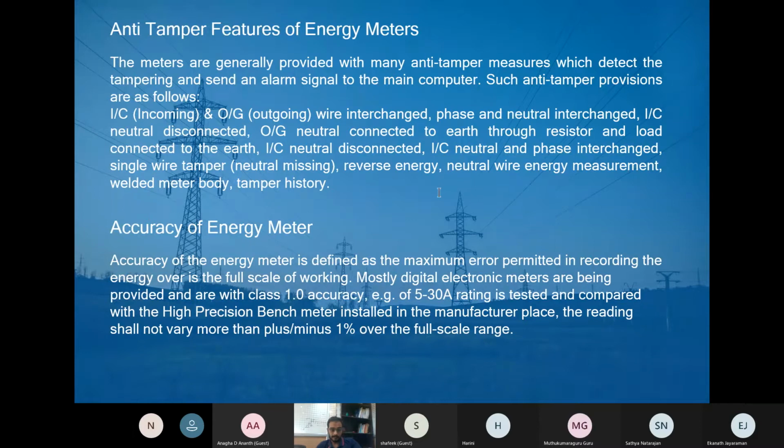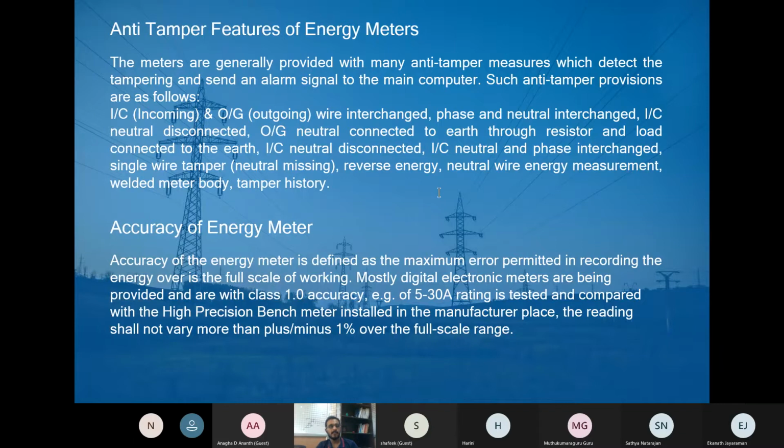Accuracy of energy meter. Accuracy of an energy meter is defined as the maximum error permitted in recording the energy over the full scale of working. Mostly digital electronic meters are being provided with class 1.0 accuracy.